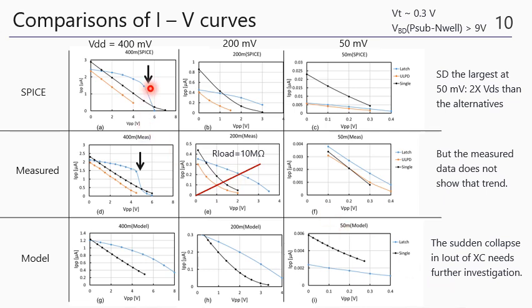So this must be investigated to identify the root cause, because once this happens, the IPP at high VPP is higher with SD than XC.